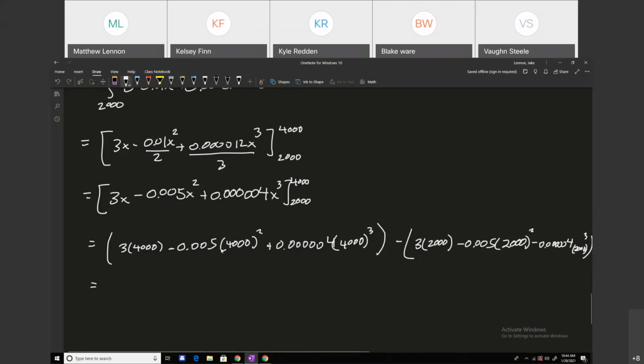Okay, so this first set of parentheses, I get 188,123. And then the second set, let's see what I get. Oh, notice there's a sign error here. There should be a plus. So I get minus 18,000.